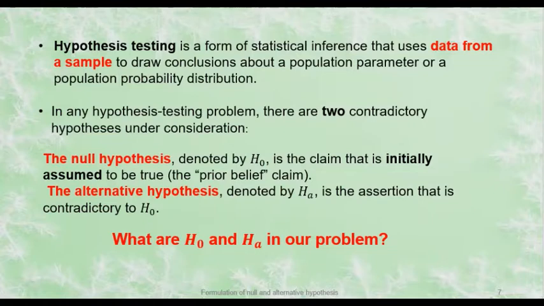In any hypothesis testing problem, there are two contradictory hypotheses. The null hypothesis H0 is the claim that is initially assumed to be true. Remember that in the beginning we assume that the coin is fair. The alternative hypothesis is the assertion that is contradictory to H0. But what are H0 and HA in our problem?